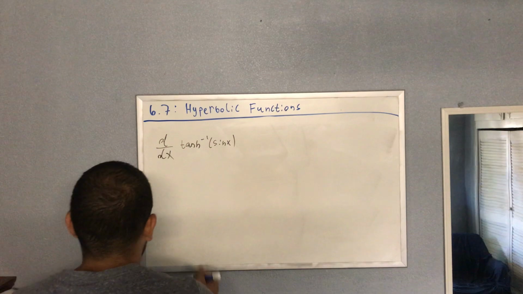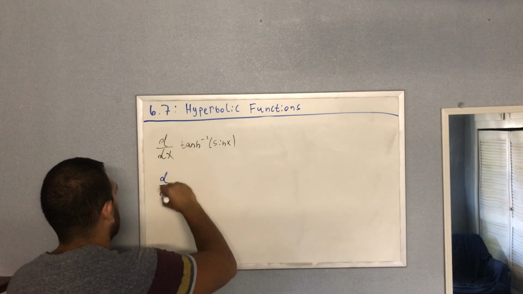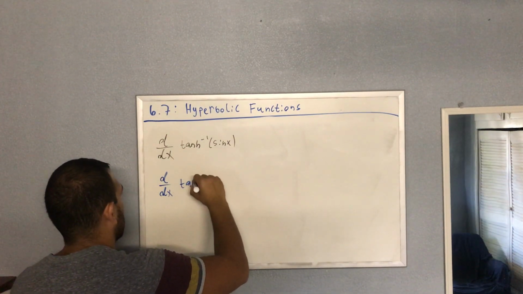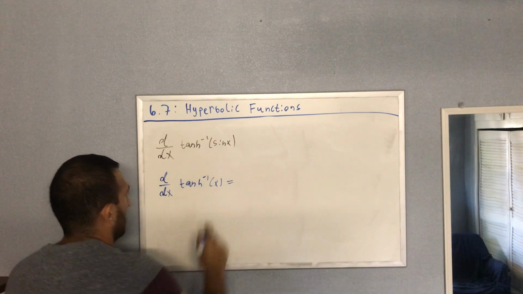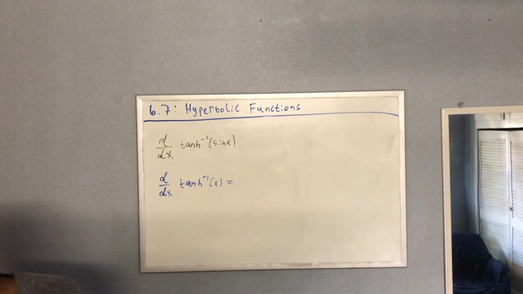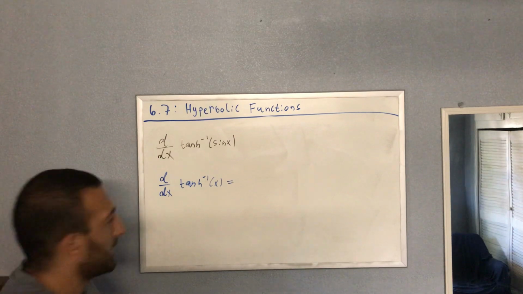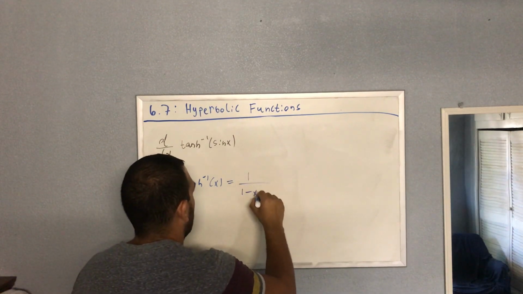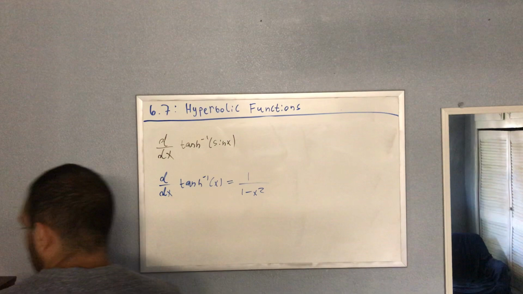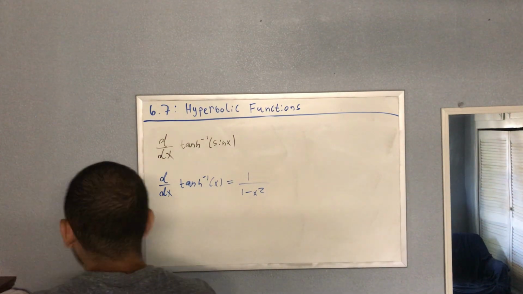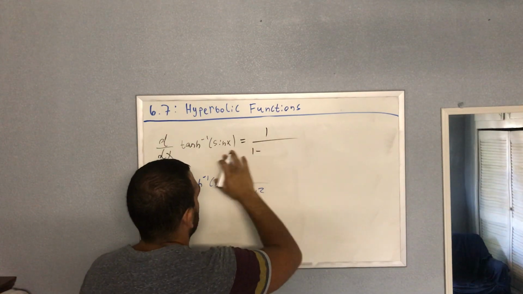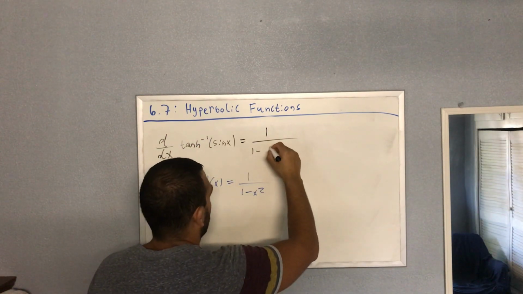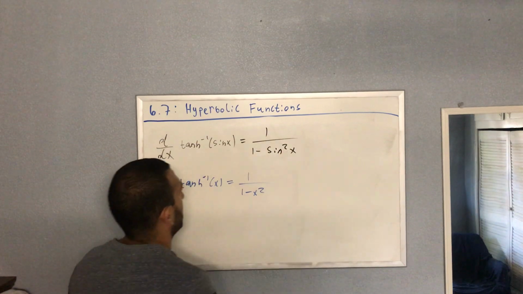So let's recall what just the derivative was when it was x. What was it? It was 1 over 1 minus x squared. Okay, so using this fact, we know that this should be 1 over 1 minus this guy squared, which we'll just write as sine squared x.